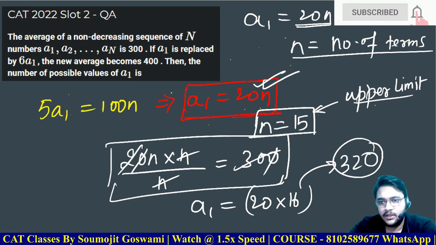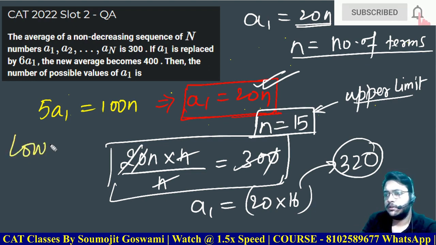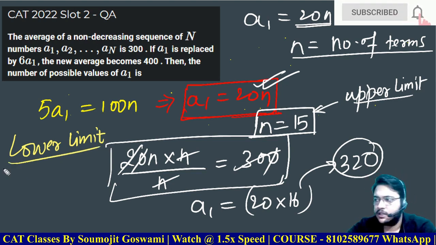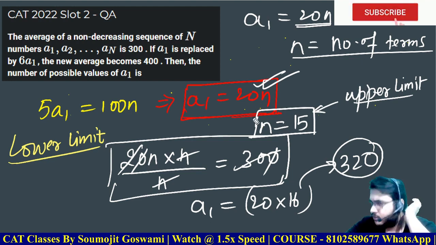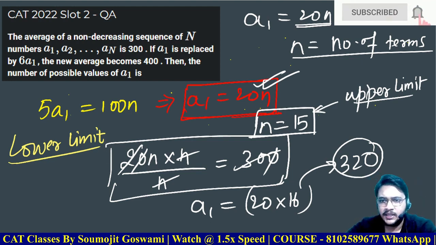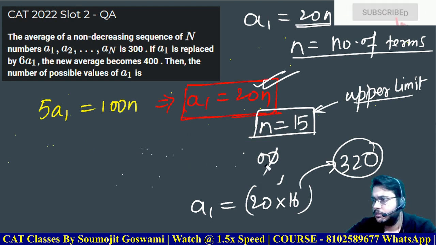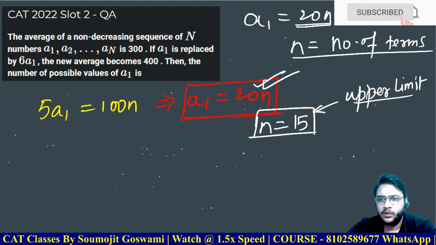So now you know where we are going. We are looking at the lower limit. How do we calculate the lower limit? The same thing, we will use some ideas. All the important ideas are with you.